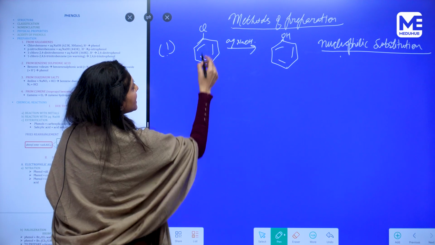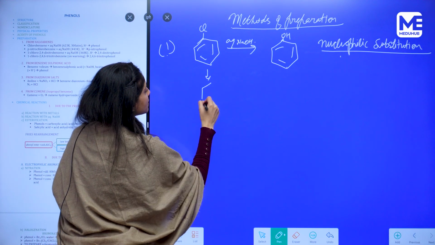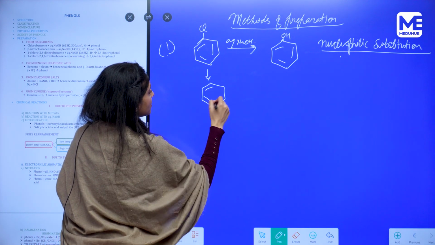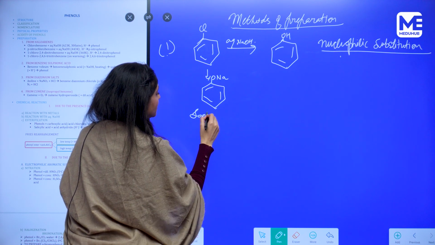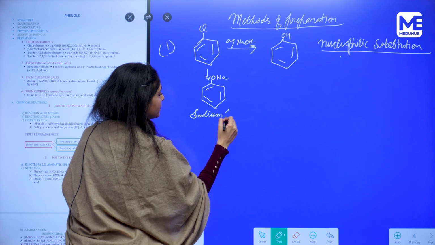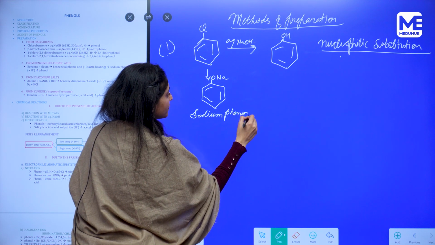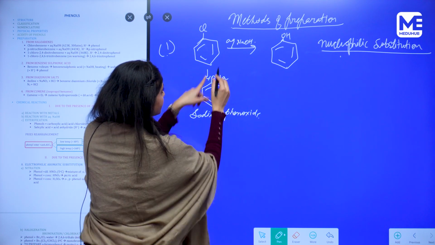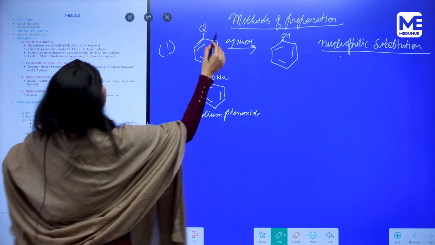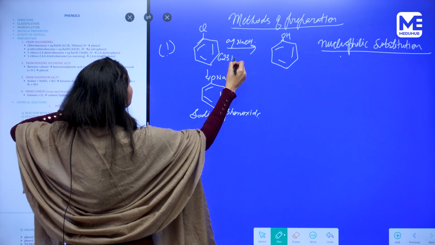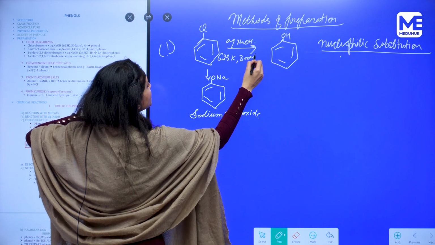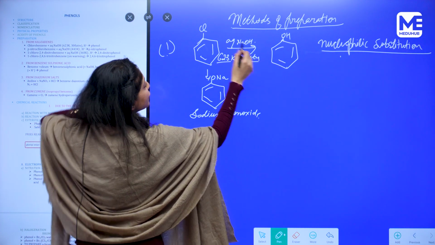So in the first step, chlorobenzene forms sodium phenoxide. And then the temperature and pressure required, you need to note this, 623 Kelvin and 300 atmosphere. High temperature and high pressure required.